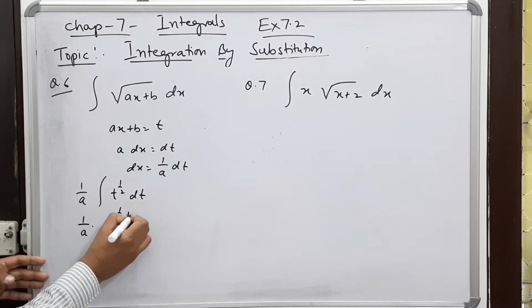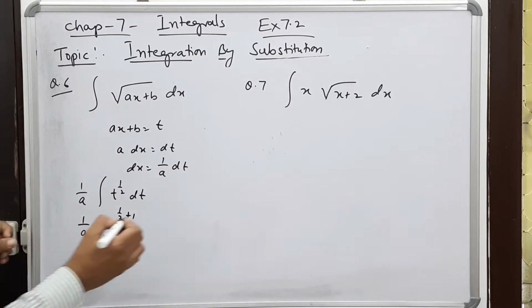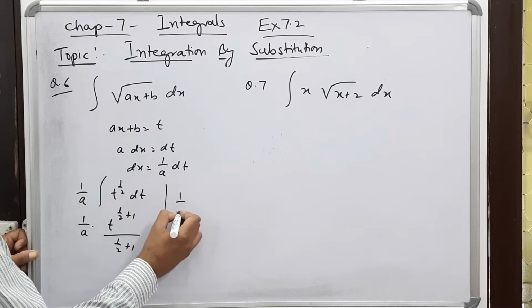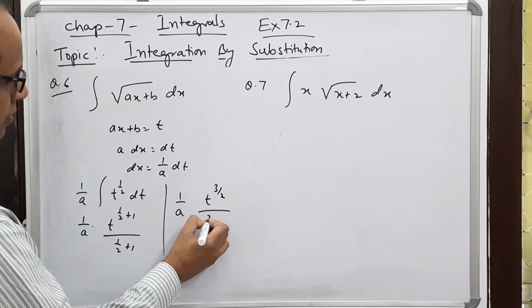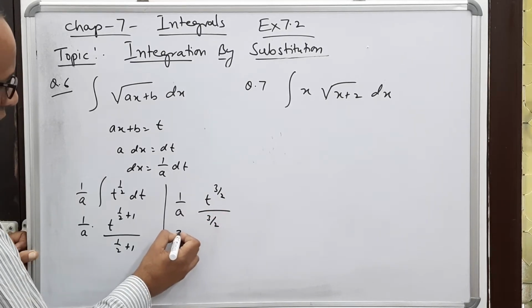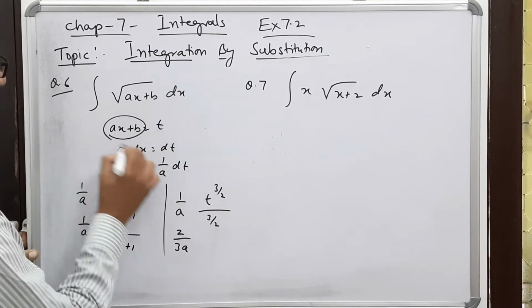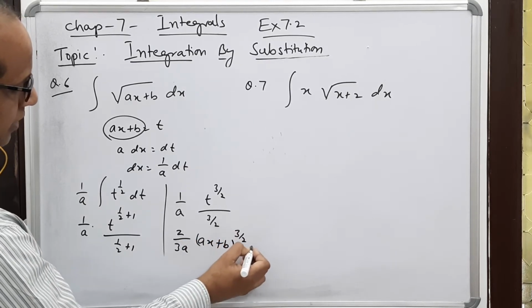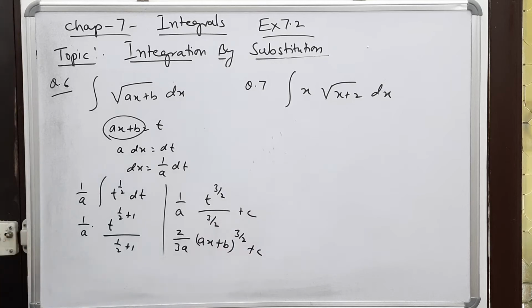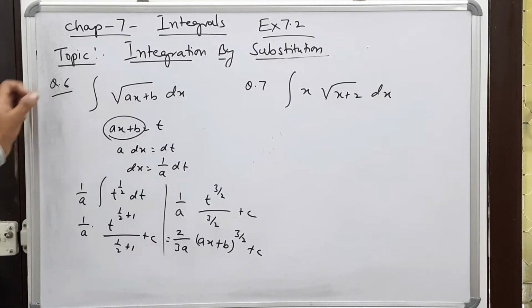It is t power half plus 1 upon half plus 1. Please see this now. So ultimately it is 1 upon a, t power 3 by 2 upon 3 by 2. Or we can write 2 by 3a, and instead of t we can write (ax plus b) power 3 by 2, and then you write plus c. Whenever you integrate, plus c is a must. It is a constant. So that will be the integration of this.